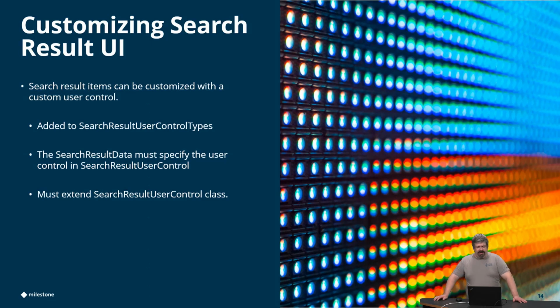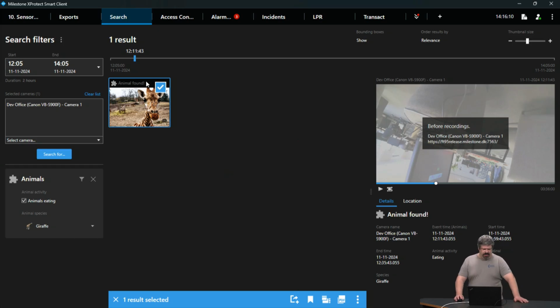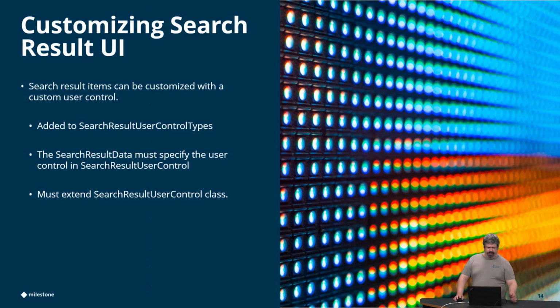You can also customize the search result UI. So the way results are shown, for instance, if we go back to showing the sample here, this is a custom result UI that we've created, and you can create your own to show your results in whatever way you want. These are custom user controls that you add to the search result user control types property in your plugin definition.